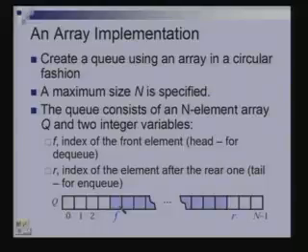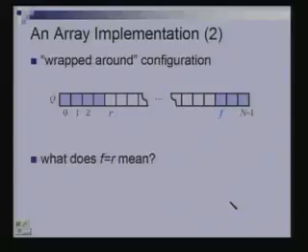Because we said front refers to the first element of the queue. There is nothing in the queue, then F should be -1. And rear refers to 0, right? Because rear refers to an empty location always. Okay.